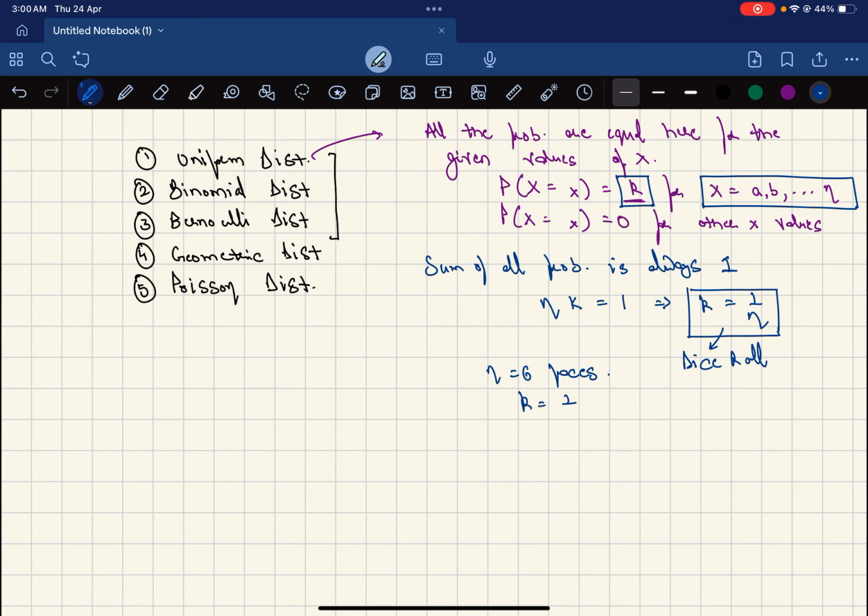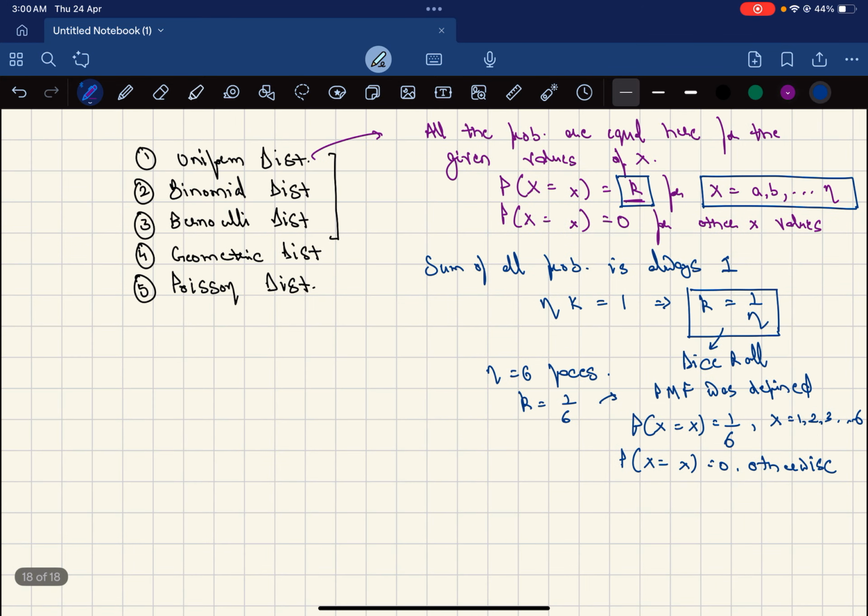Therefore we got k equal to 1 by 6, and thus the PMF was defined as P(x) equal to 1 by 6 for x equal to 1, 2 till 6, and P(x) equal to 0 otherwise. So this is how we define a PMF or a probability mass function for a discrete uniform distribution.